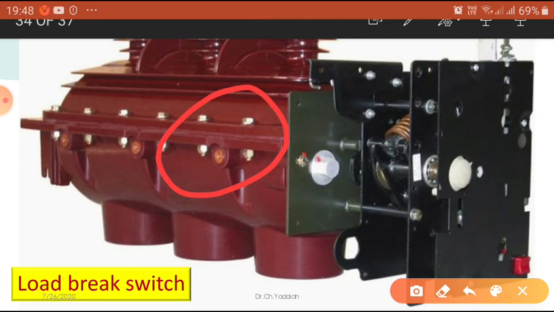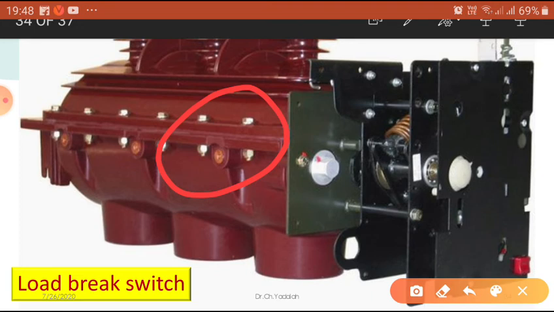Next, it can be modified by adding more series interrupters to handle high voltage and high current values. So we can use a step by step number of interrupters to increase the interruption capacity for high voltage and high current also.